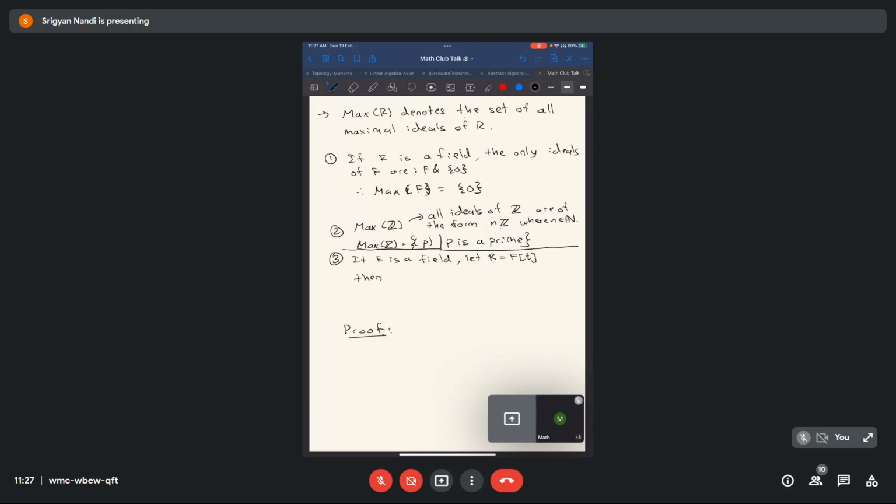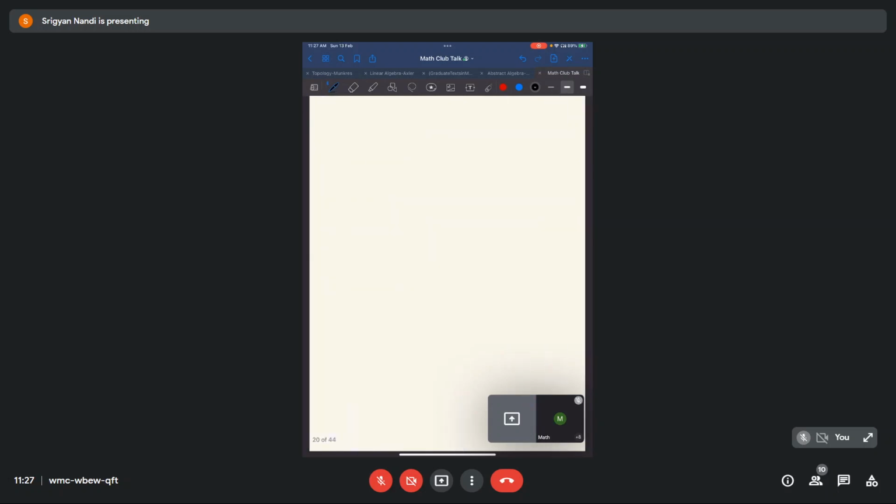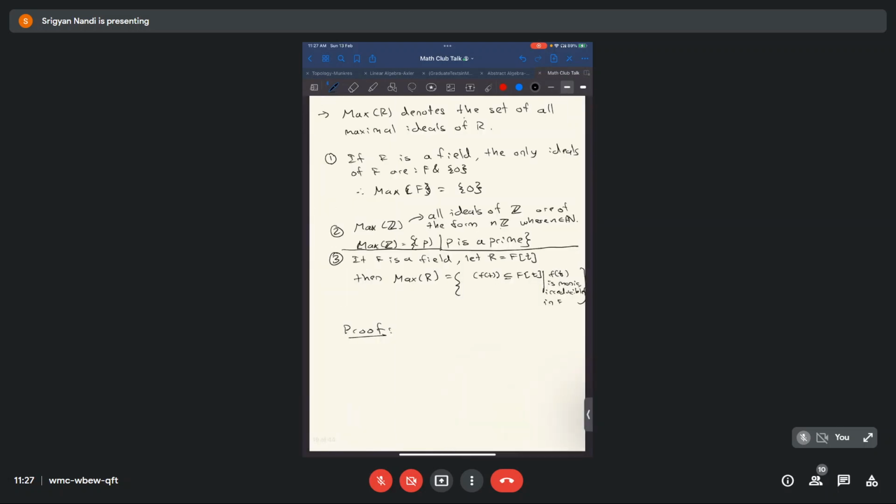Then we have that the maximal ideals of R are, and this is a rather tricky one, all the ideals generated by a single polynomial f(t) that belongs to F[t] such that f(t) is monic irreducible in F. And the proof for this will rely on the fact that F[t] is a PID, which we will prove. So let's begin this one.